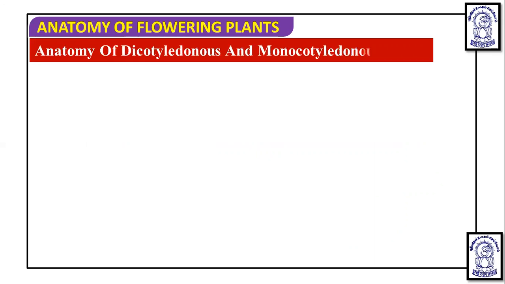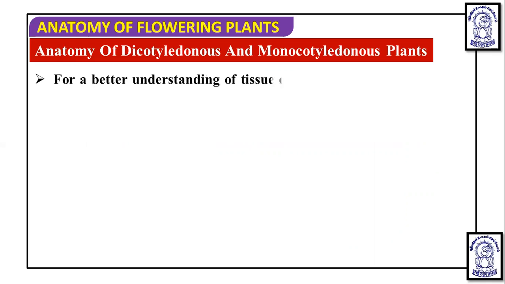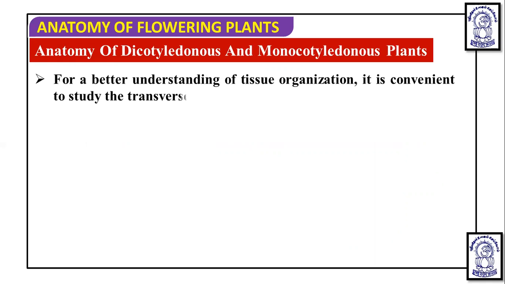If we talk about dicot and monocot plant anatomy, for a better understanding of tissue organization, it is convenient to study the transverse section of root, stem, and leaves.